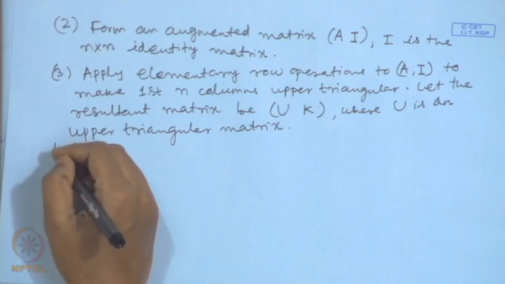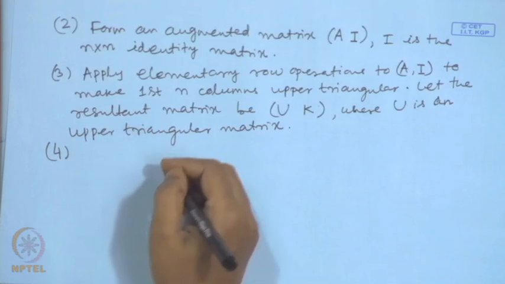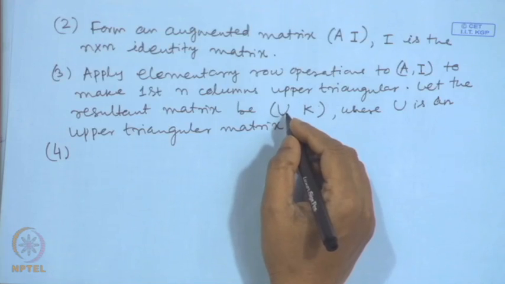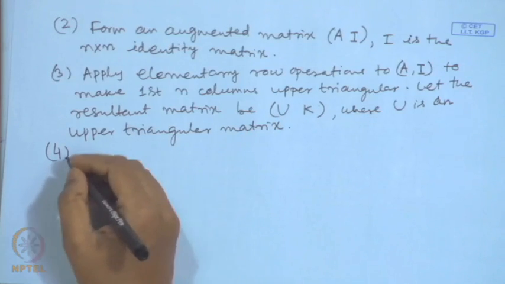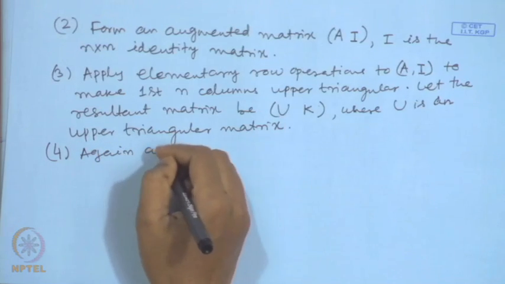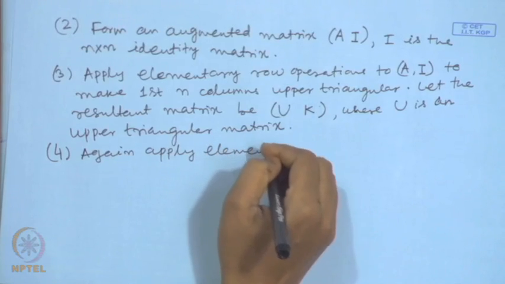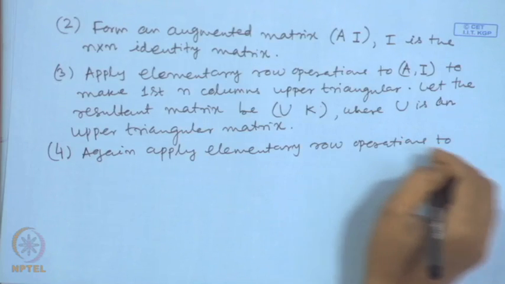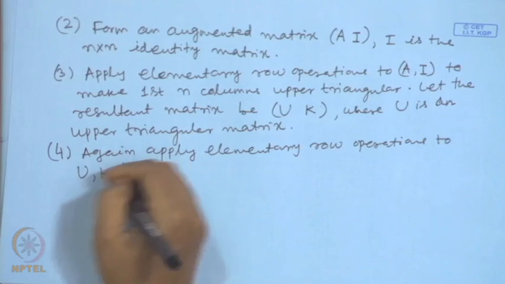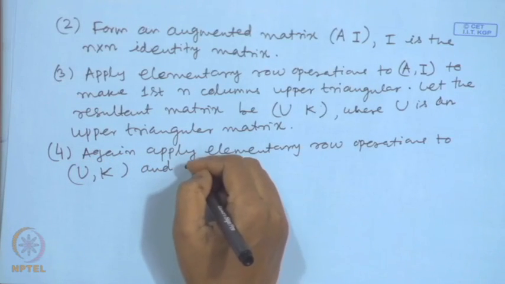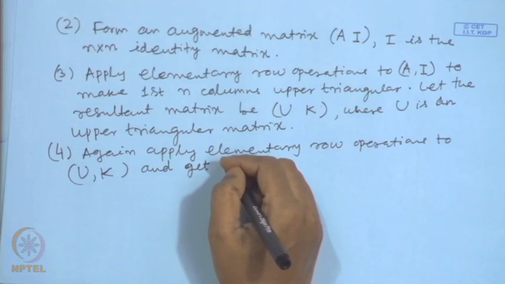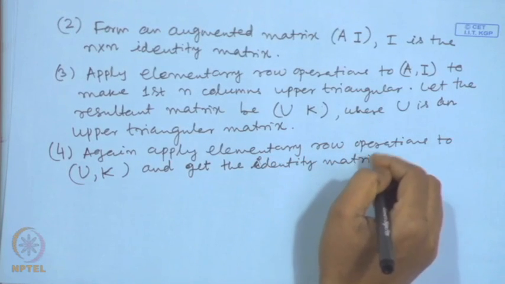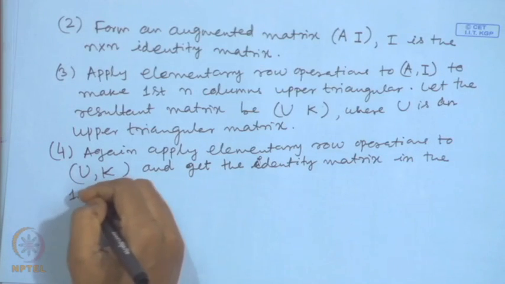Then the fourth step is that we again apply elementary row operations to this augmented matrix [U | K] and get the identity matrix in the first n columns.